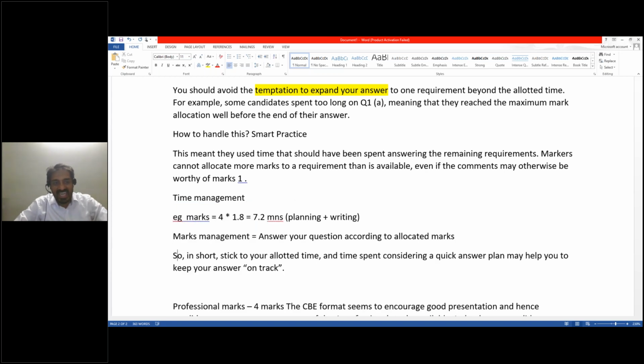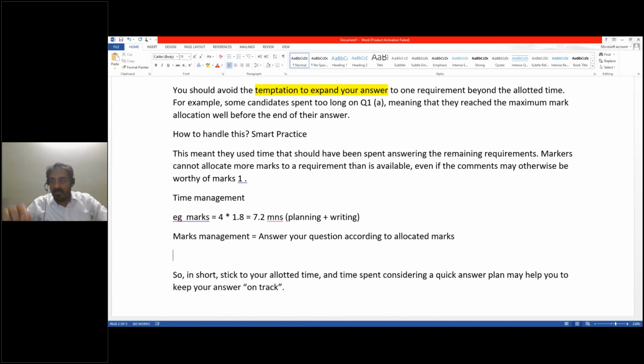Marks management means if something is about 4 marks, especially for theory, that means 4 marks means 2 to 3 well explained points. Not more than 2 to 3 points.